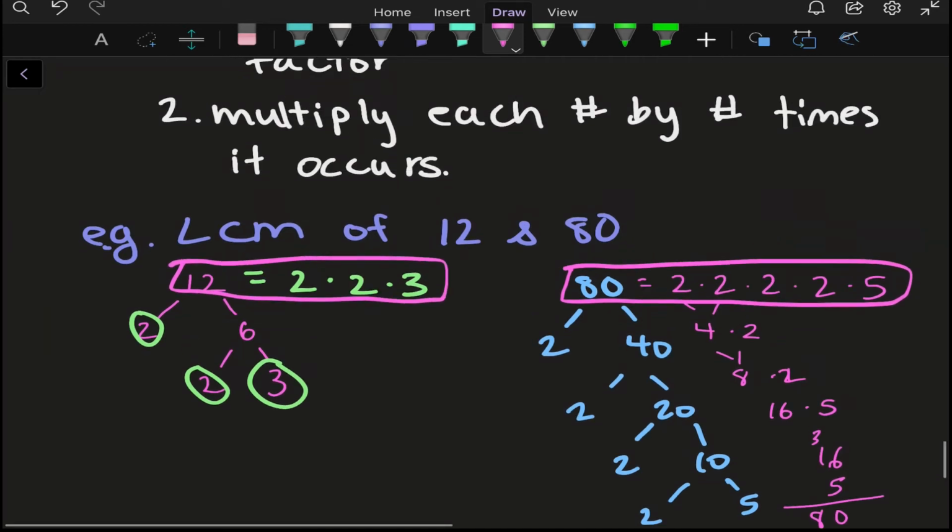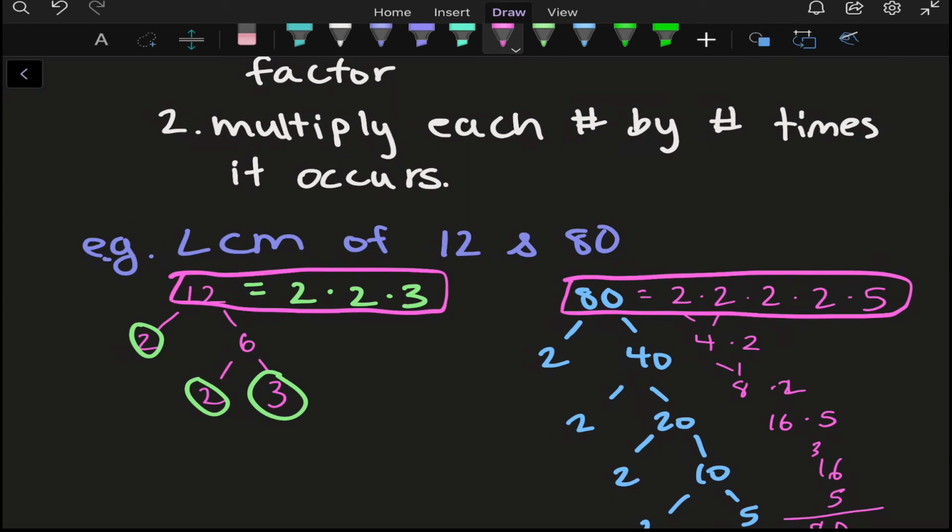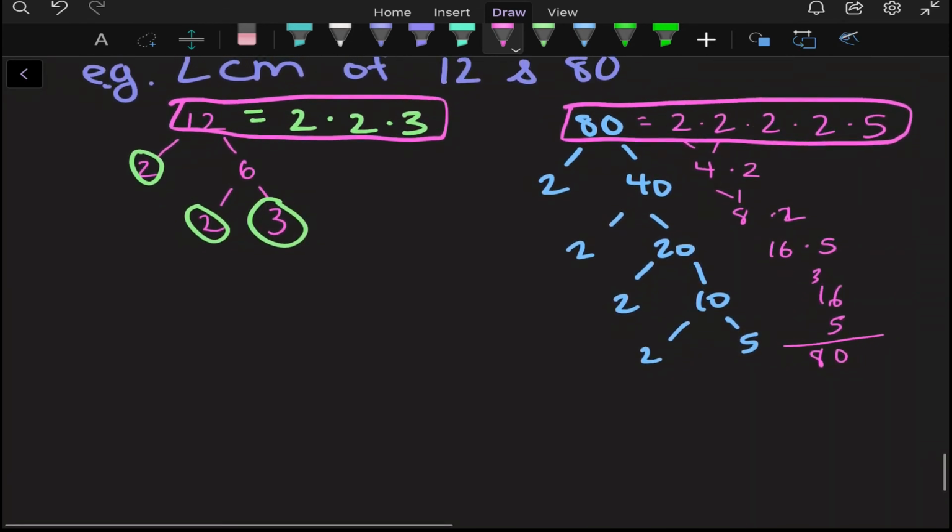Now, my second step is to multiply each number by the number of times it occurs. So if we look at this, 12 has 1 3, and there is no 3 in 80, so I know a 3 is going to go into it.